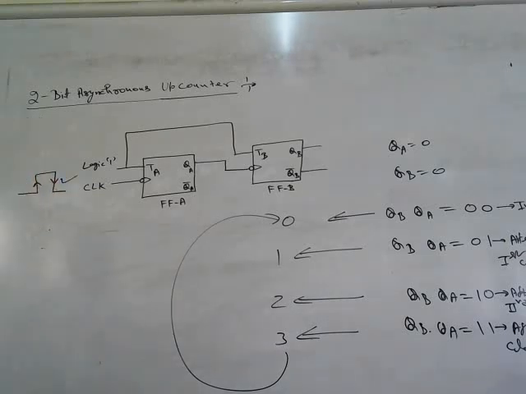So in the case of the 2-bit asynchronous up counter, the total number of states we can count is 4.